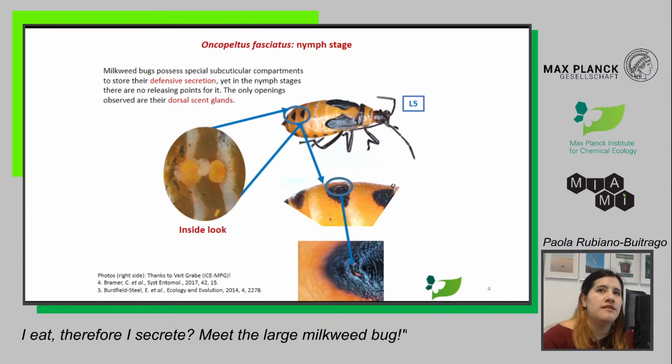As you can see here in the nymph stages, they have particular compartments to store a secretion, this liquid that is supposed to have cardenolides, but in the nymph stage, they don't have releasing points. The only openings are these dorsal areas that you can see on the inside, filled with liquid. They're supposed to have cardenolides around here, but there's not much information on the nymphs.